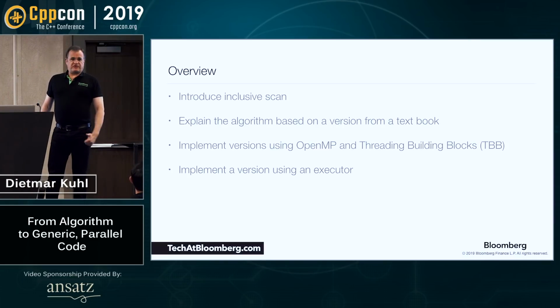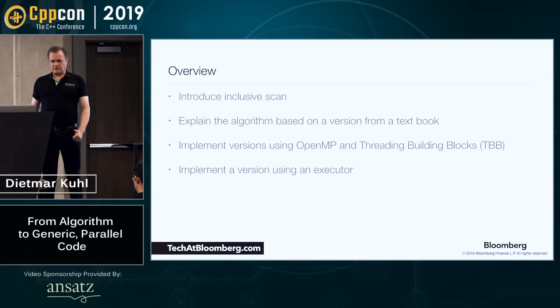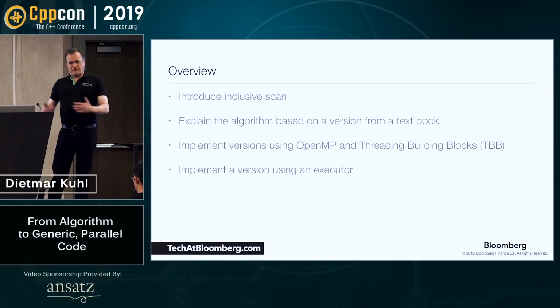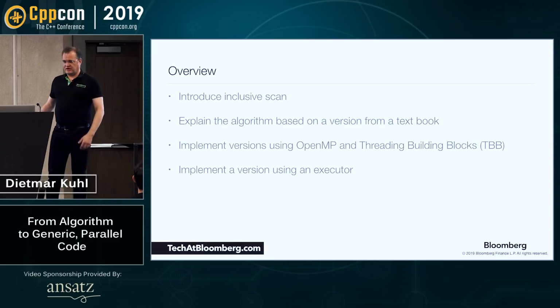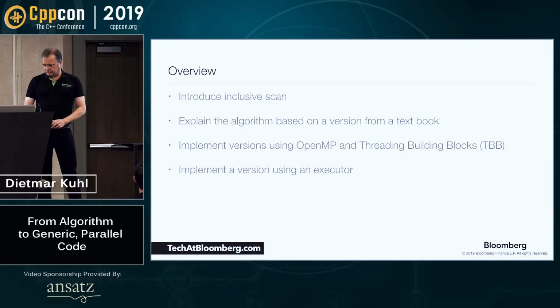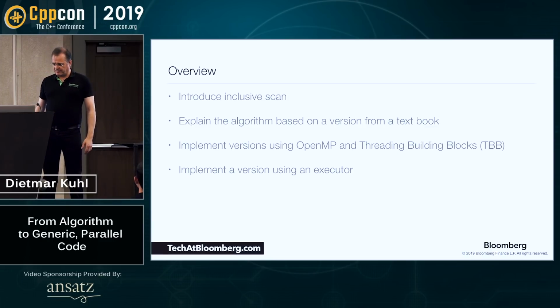I basically start off with a version from the textbook Introduction to Algorithms and work on that to make it work. I want to provide versions using a few concurrency systems which are not standard, or at least not ISO standard as part of the C++ standard, like OpenMP and Threading Building Blocks. And then I built also a version which entirely builds just on the C++ standard library.